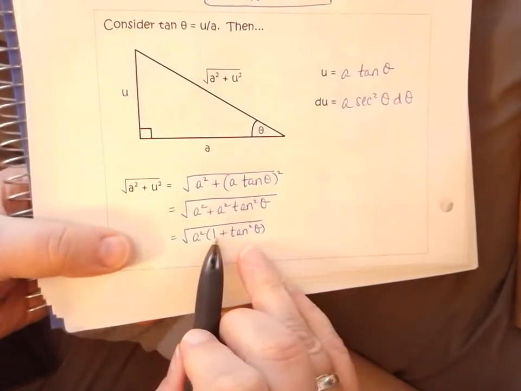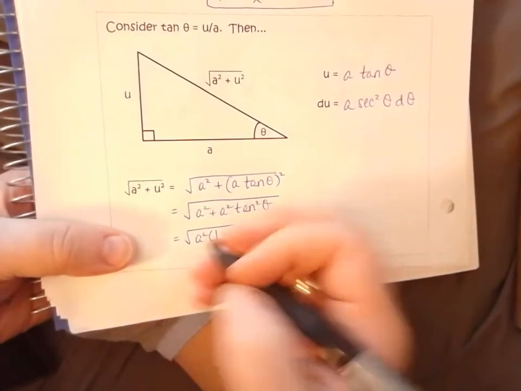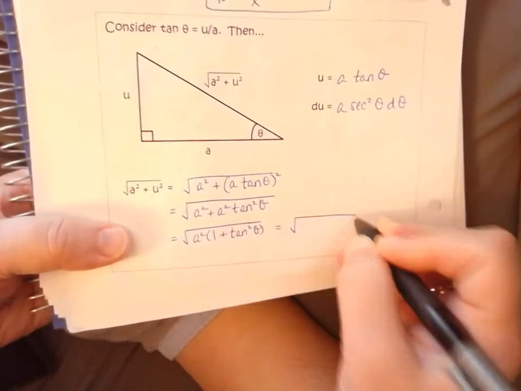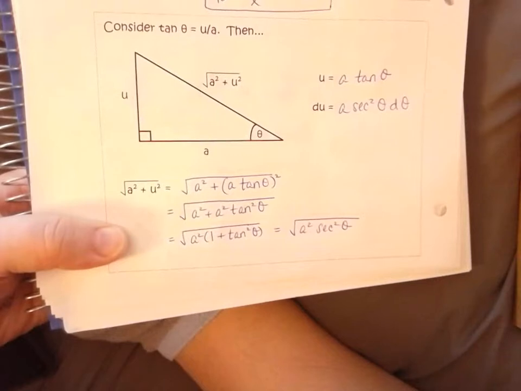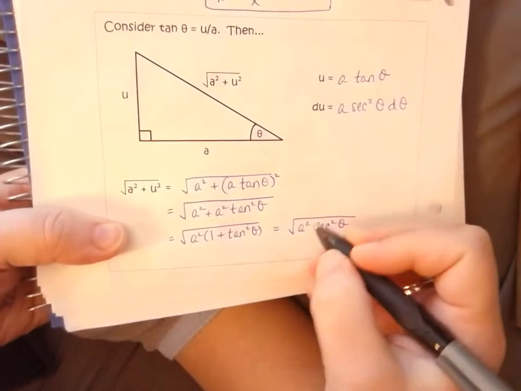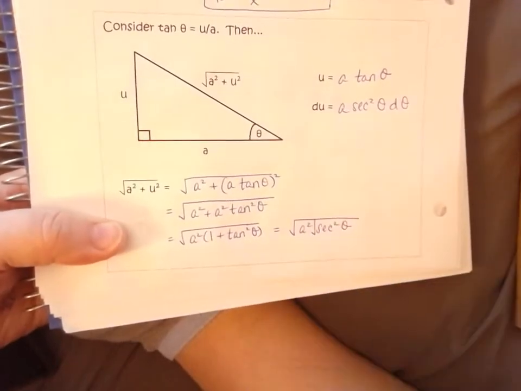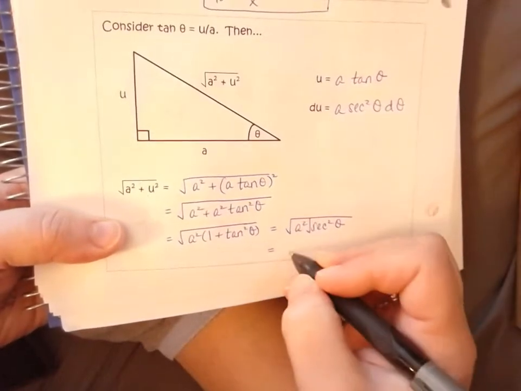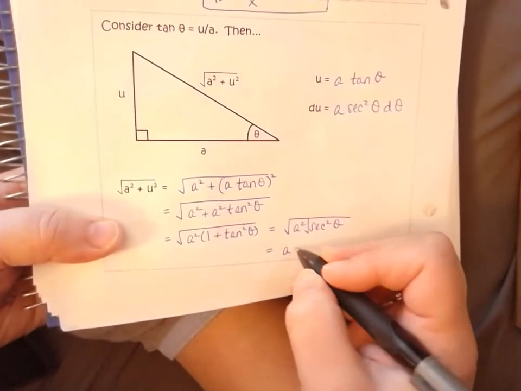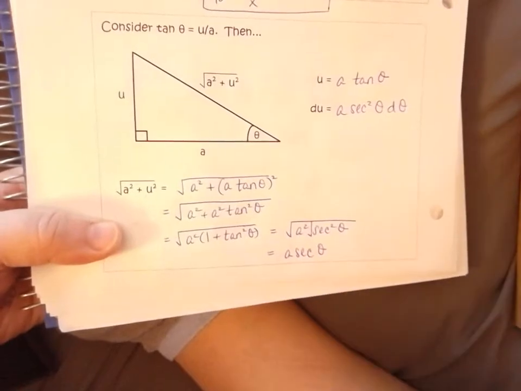Well, if you remember, this is part of a trig identity, and it is equal to secant squared theta. And I already told you you can take a product and break it up into two separate radicals. The square root of a squared is a, the square root of secant squared is secant.